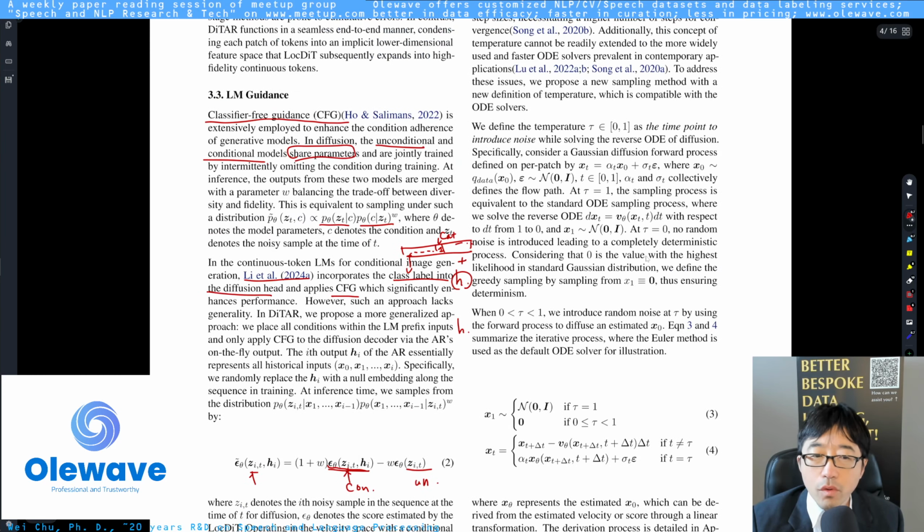And then for those of you who want to dig into the classifier-free guidance, I recommend you read this paper. And for those of you who want to understand more about the balance between the unconditional generation and the conditional generation in diffusion transformer, you should read this paper. Okay.